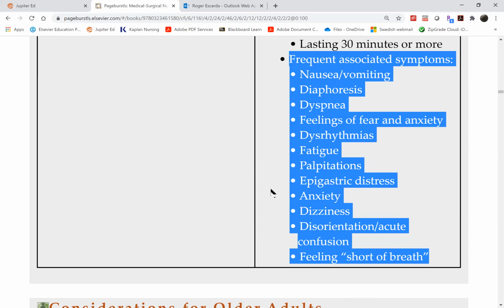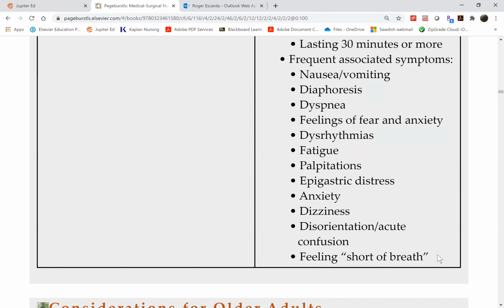So this is a combination of reduced cardiac output as well as catecholamine release. So there is increased heart rate, there's vasoconstriction, and we're talking about systemic here. Plus the patient, of course, has decreased cardiac output because of the ischemia or the MI, resulting in the rest of the symptoms.